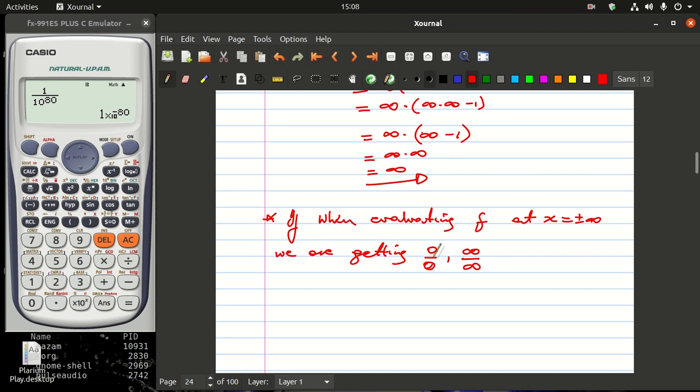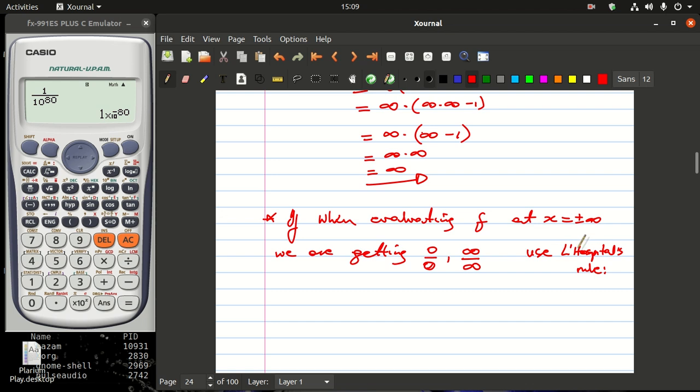So if we are getting this or that, use L'Hopital's rule. We haven't done this, but I want you to know that we can use L'Hopital's rule.